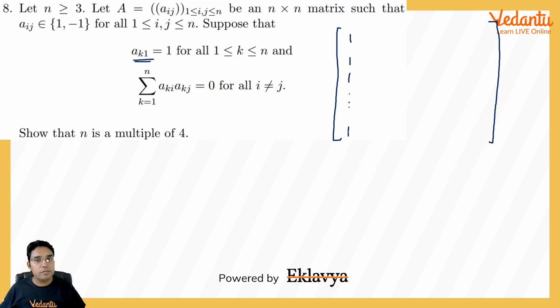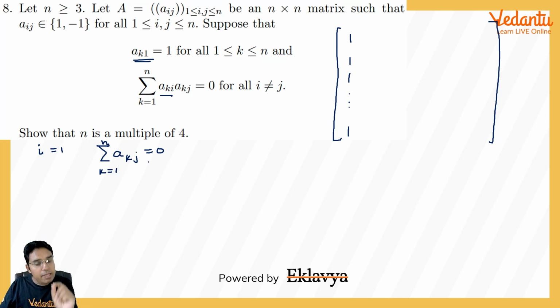Now if I use this summation here, if I put i equal to 1, because they have said for all i, just the condition is i not equal to j, then this aki will become 1. So this is just the summation of akj equal to 0, where k goes from 1 to n. So what does that mean?